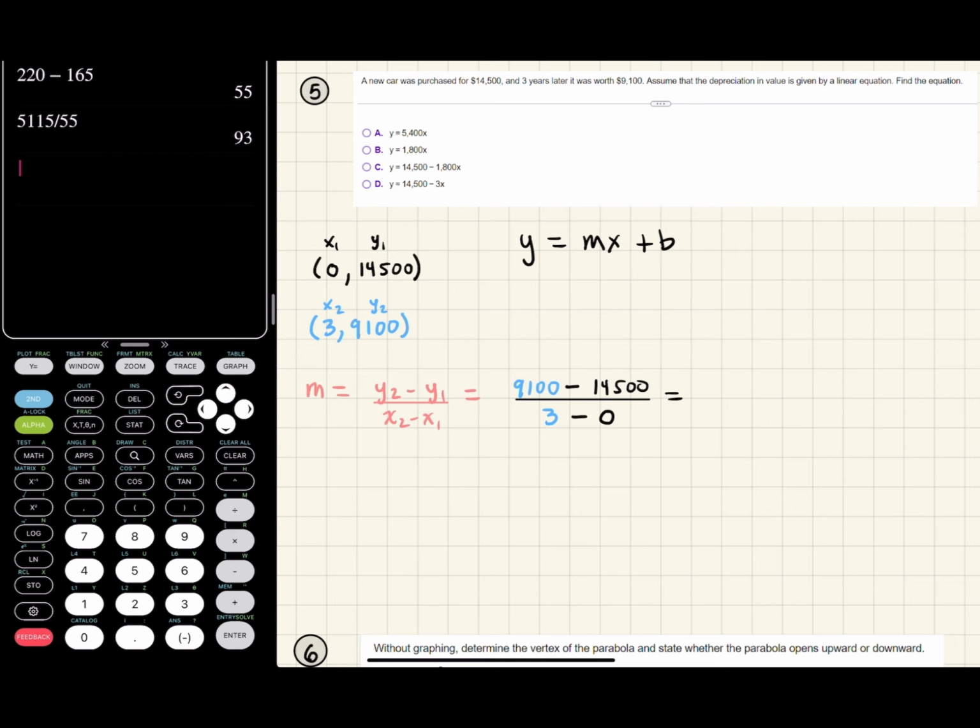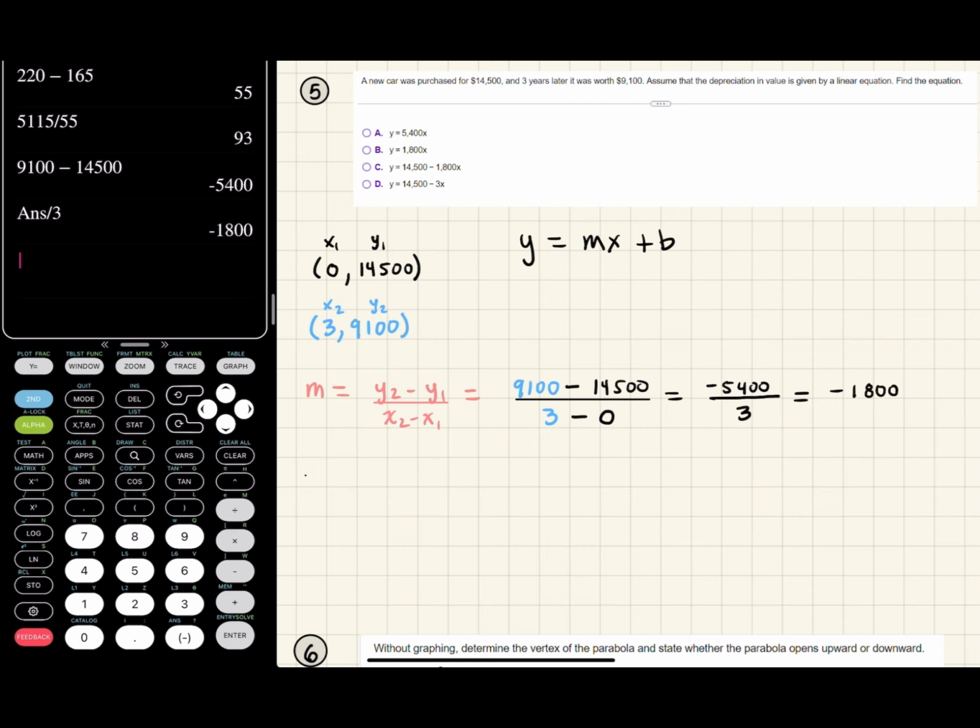And if we work this out, I've got 9,100 minus 14,500. That's negative 5,400 over 3 minus 0 is 3. And if we do that division there, we get negative 1,800.